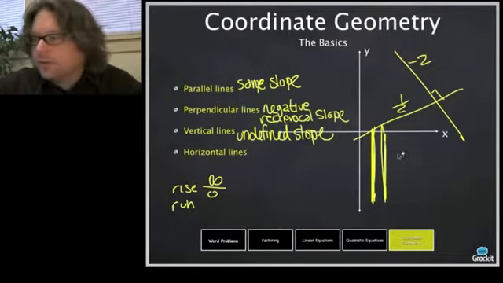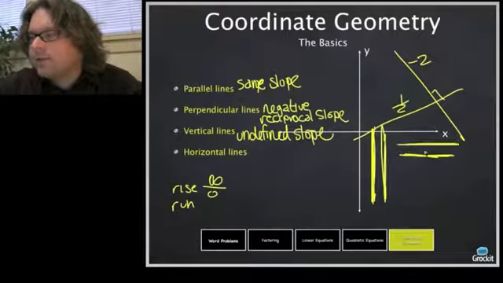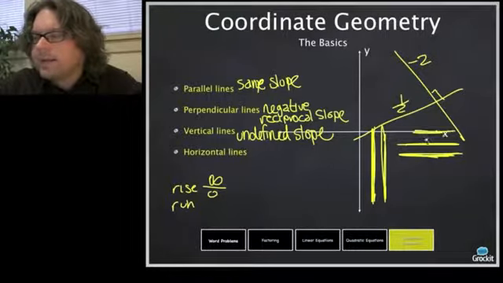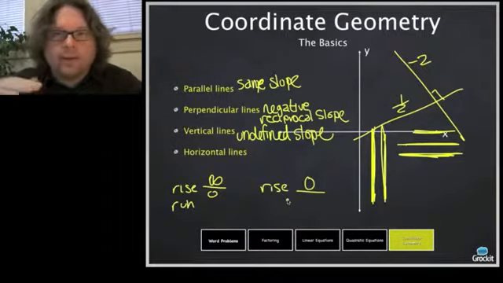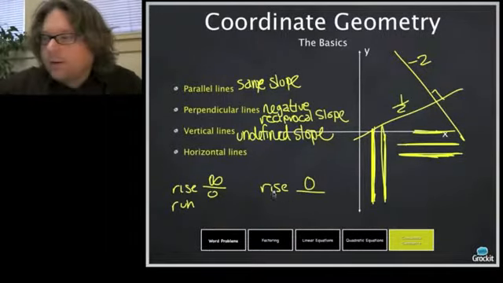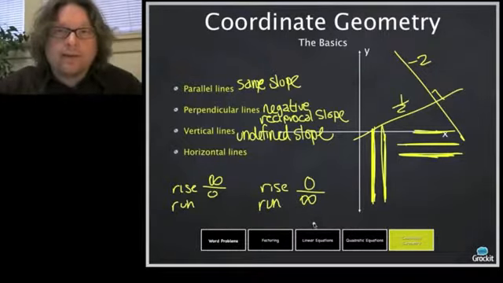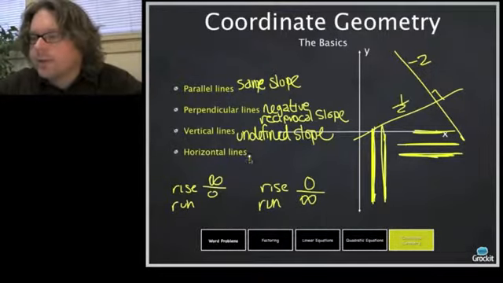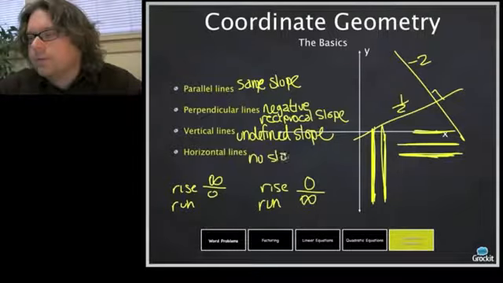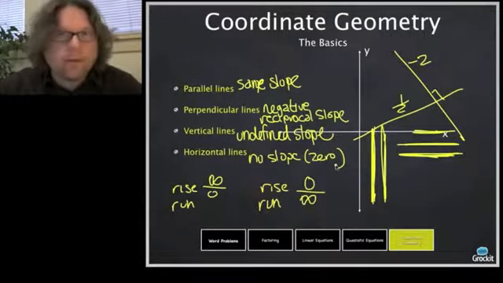Horizontal lines are the ones with the slope of 0. So if they just go on to infinity, parallel to the x-axis, again with rise over run, they have no rise at all. They don't go up ever. And then their run is what's infinite. So 0 over anything as a fraction is 0. So horizontal lines have slope 0. And there you have it.